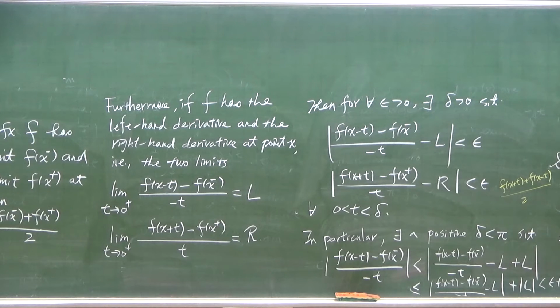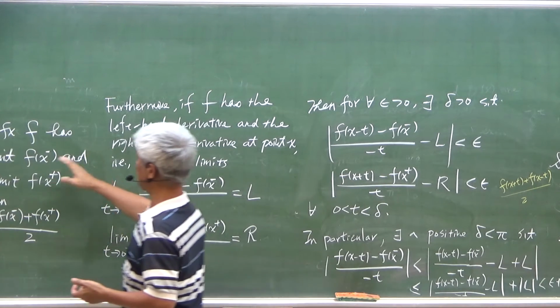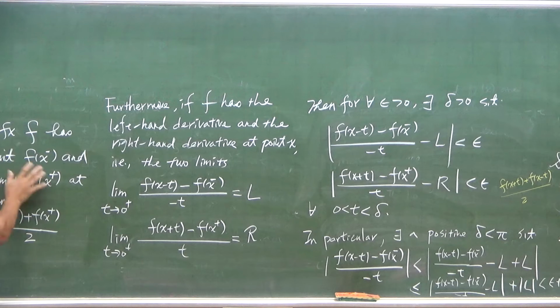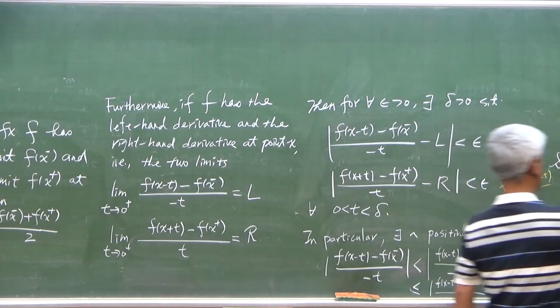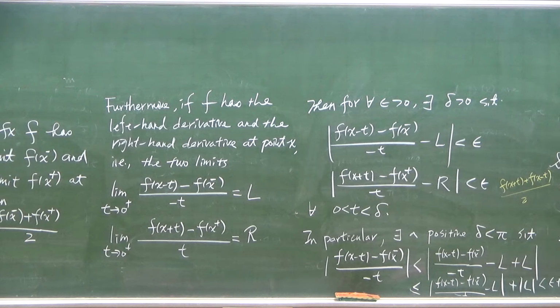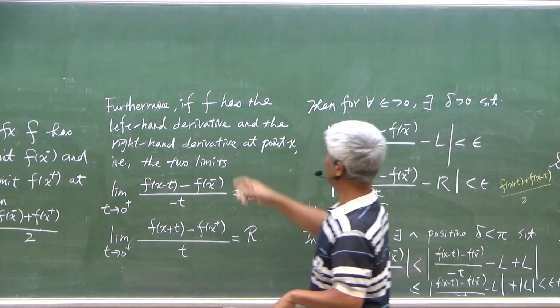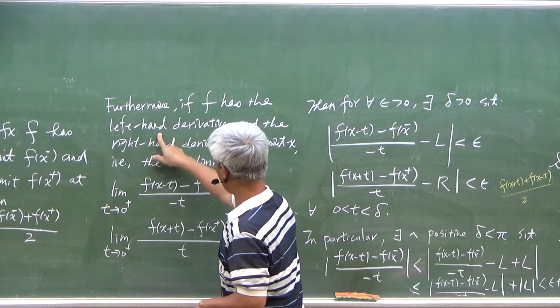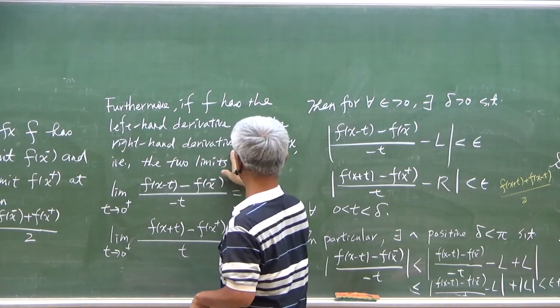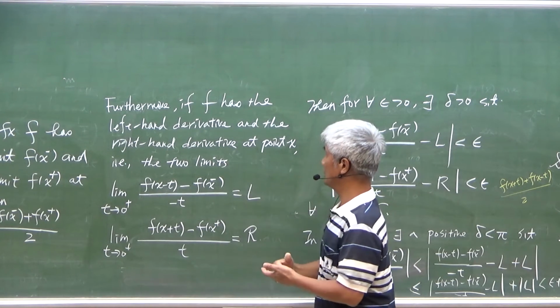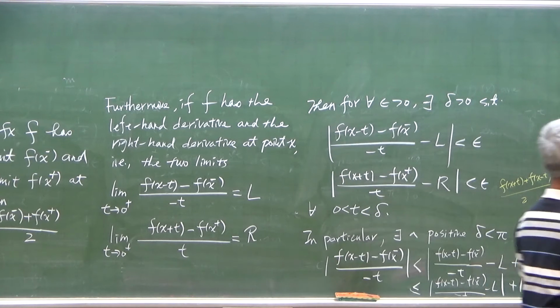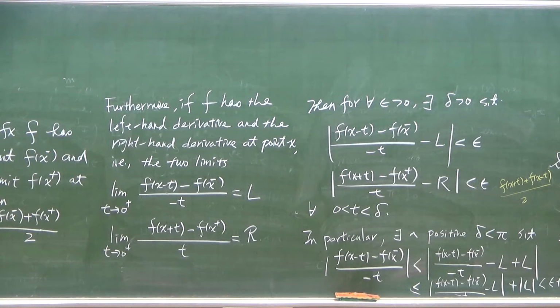If the periodic function has a left-hand limit and a right-hand limit, then we know that G0 plus exists. And furthermore, if f has the left-hand derivative and the right-hand derivative at point x, then this function is absolutely integrable.